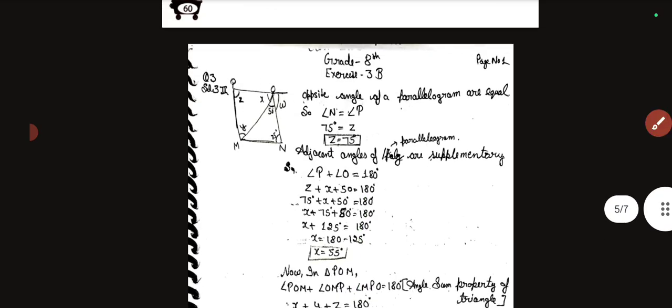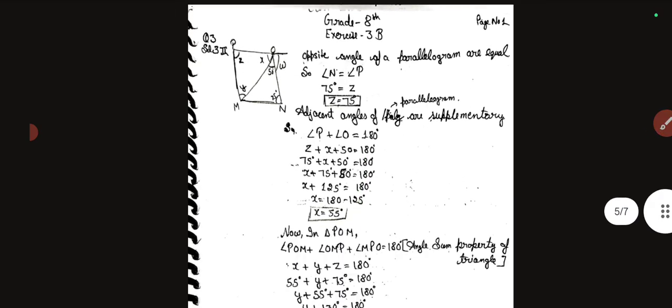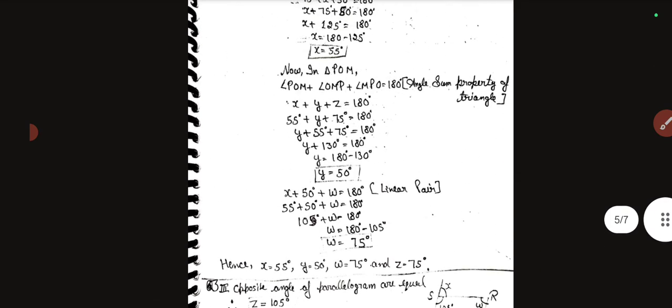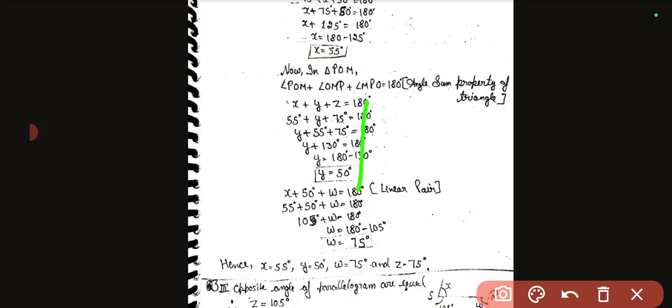Now we have to find the value of w. Only w is left. This is a linear pair, so x plus 50 plus w is equal to 180.